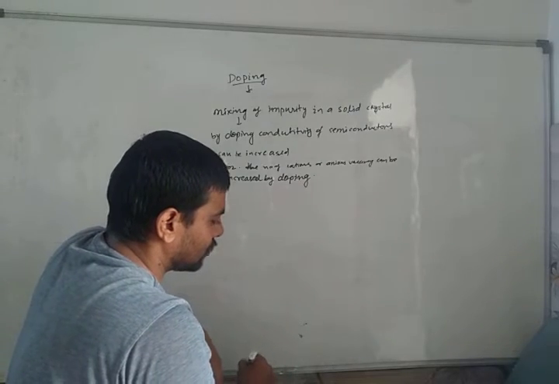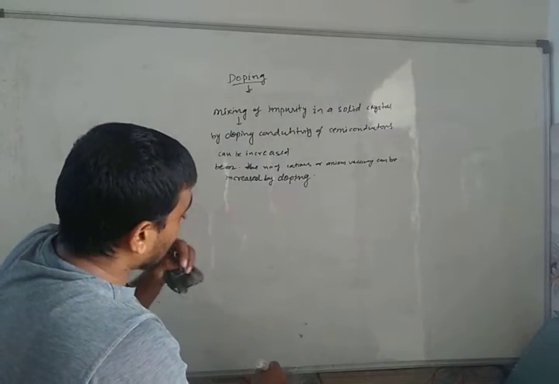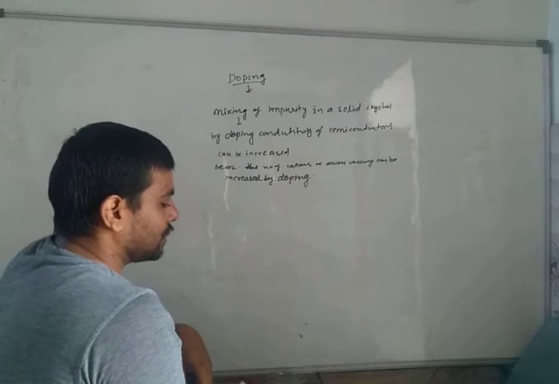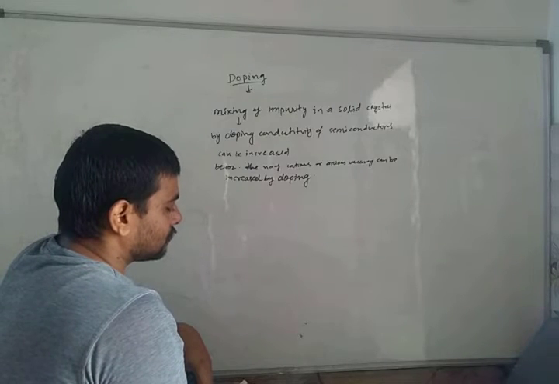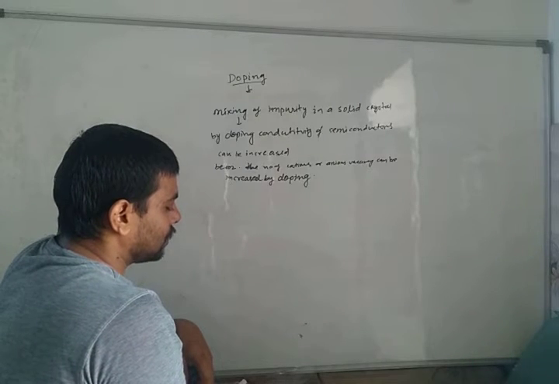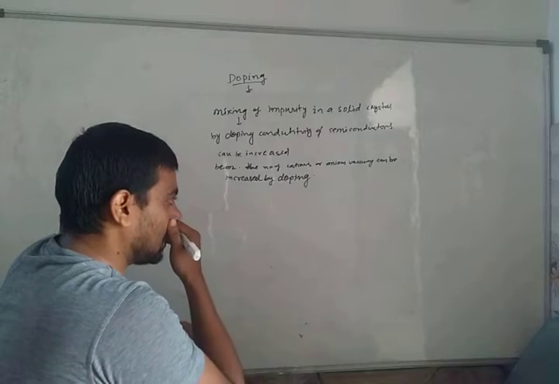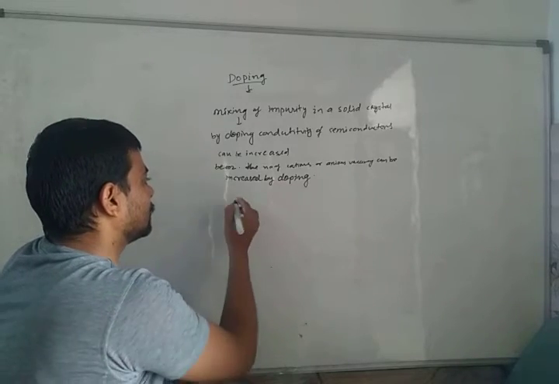On the basis of doping, semiconductor become two type, n-type semiconductor and p-type semiconductor.